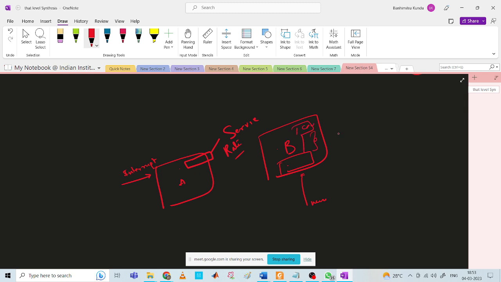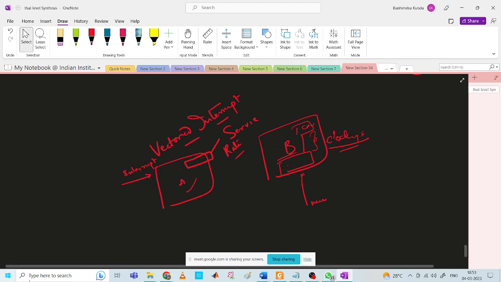So there is some loss of clock cycles to do this operation. That's why A will have more efficiency than B. This is the same as vectored interrupt. Keep this in mind.